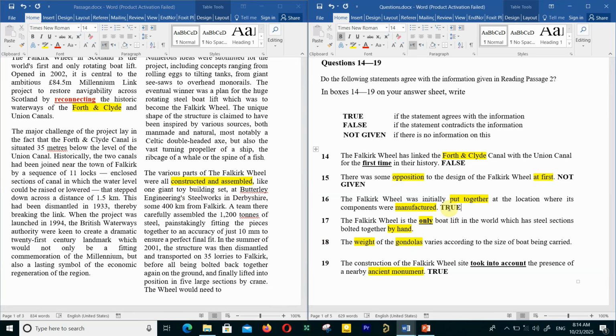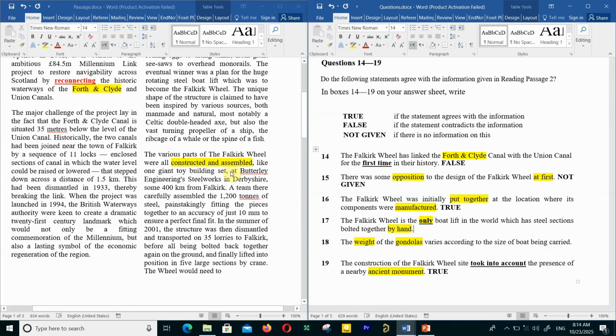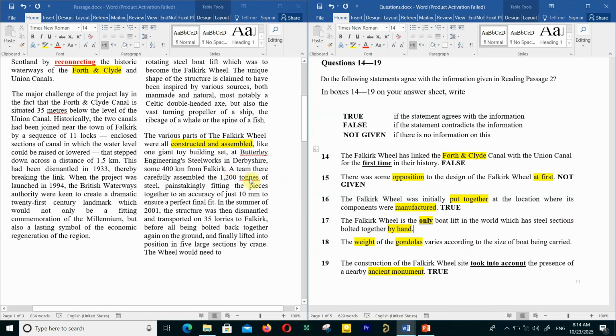So how about 17? The Falkirk Wheel is the only boat lift in the world which has steel sections bolted together by hand. And the next one, the weight of the gondolas varies according to the size of the boat being carried. So here we go.